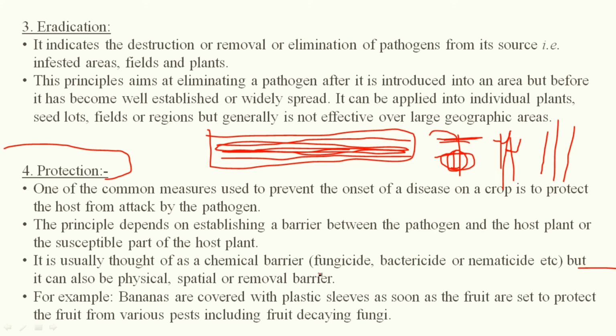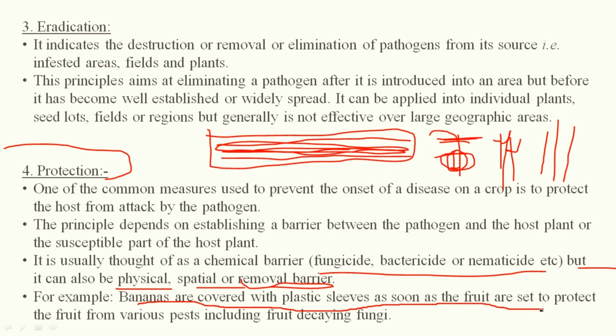Generally it can be chemical, like use of fungicide, bactericide, nematicide, etc. But it can also be physical, spatial, or any kind of removal barrier. Okay, what is the example? Bananas are covered with plastic sleeves as soon as the fruit is set, to protect the fruit from various pests including fruit decaying fungus.